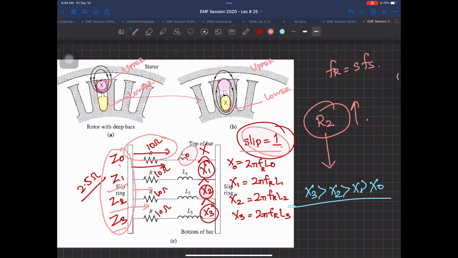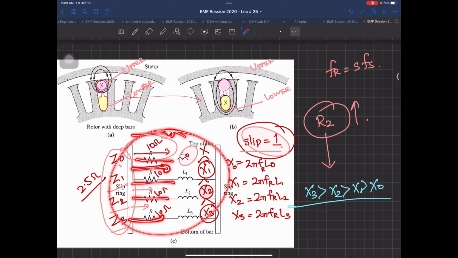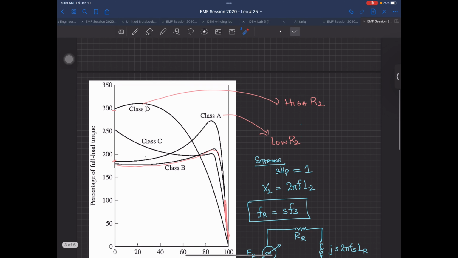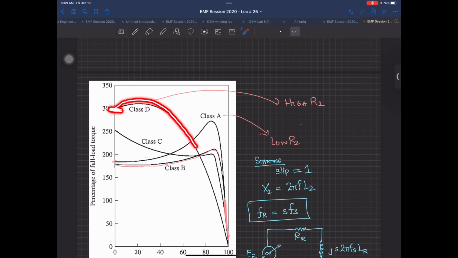So when you have four unequal impedances, current will try to move in the least impedance path. Since all of them are in parallel, their combined impedance is going to be different because all of them have different values. So the advantage would be that you are going to get a larger R2 resistance over there. Your impedance is larger in the start.